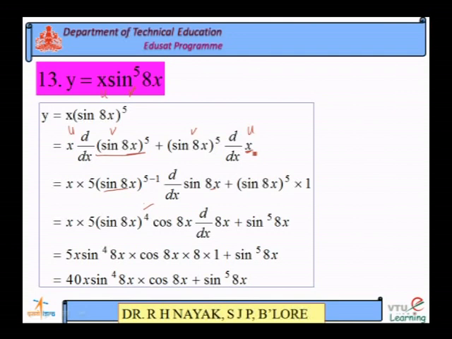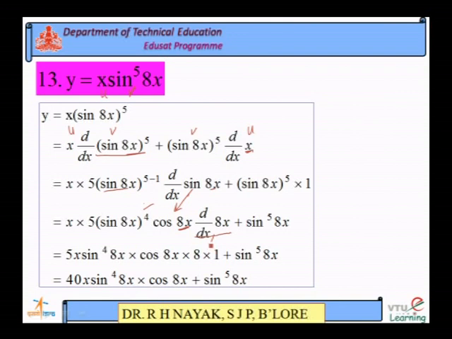Then x into 5 sine 8x to the power of 5 minus 1, that is 4, differentiation of sine is cos function. It is sine function, therefore we have to write cos function into differentiation of function. What is the function here? 8x. Plus 1 into sin 8x to the power of 5. Differentiation of 8x is 8 into 1, that is done here.